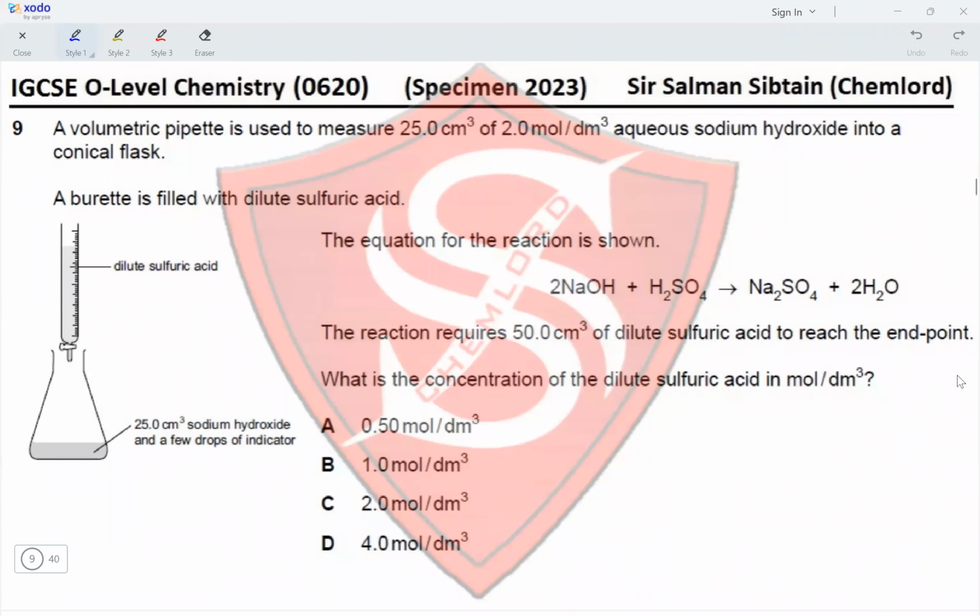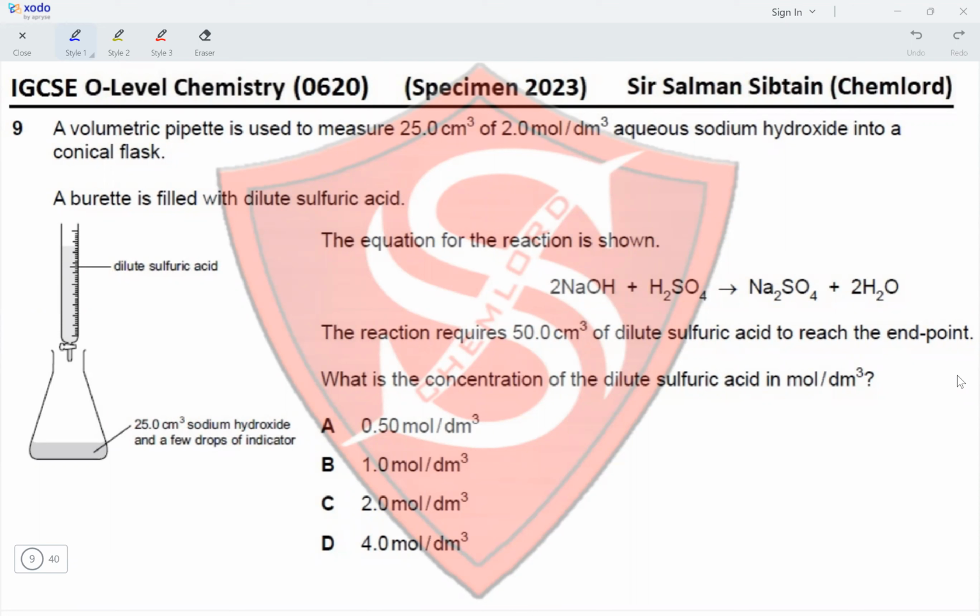Question 9. A volumetric pipette is used to measure 25 cm cubed of 2 mole per dm cubed aqueous sodium hydroxide into a conical flask. A burette is filled with dilute sulfuric acid. The equation for the reaction is shown. The reaction requires 50 cm cubed of dilute sulfuric acid to reach the end point. What is the concentration of the dilute sulfuric acid in mole per dm cubed?